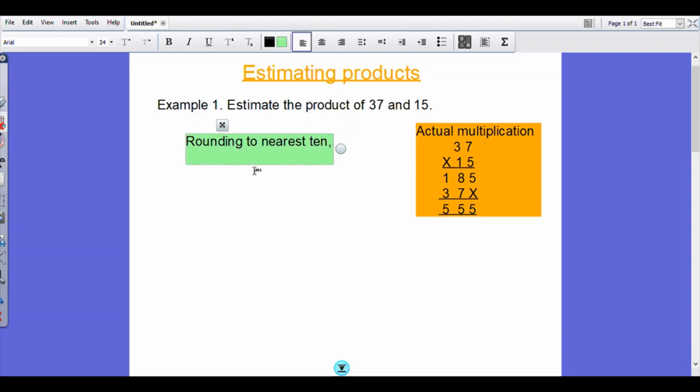See, the rounding of 37 is, yes, 40, good, and the rounding of 15 is, yes, 20. Now multiply, find out the product of these.